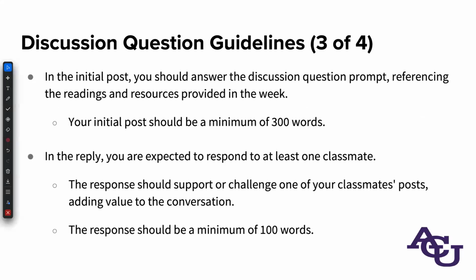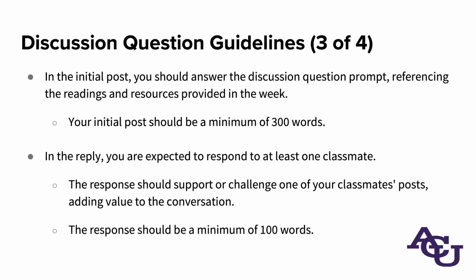All right, sounds pretty straightforward. But we have some additional clarity that the initial post should be a minimum of 300 words. For reference, that's going to be just a little bit over one double-spaced page using our APA course paper template. And we're supposed to make references to the readings and resources provided in the week.